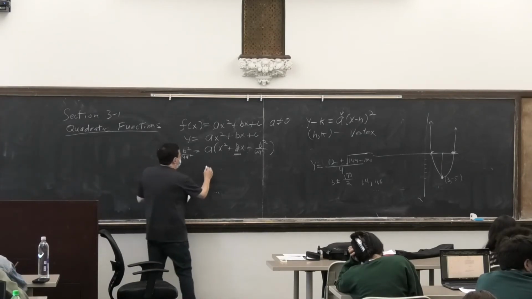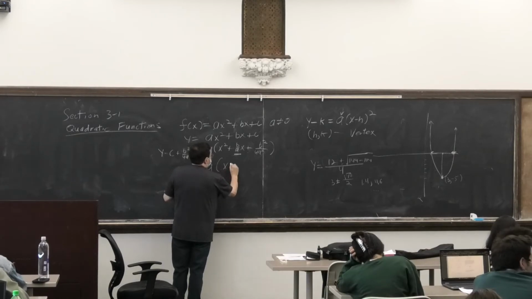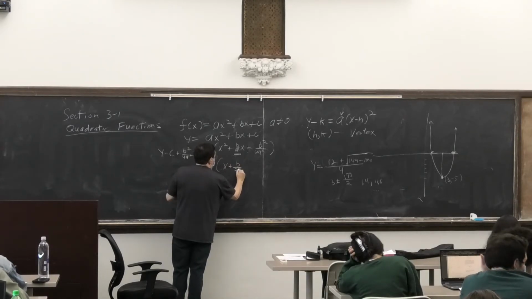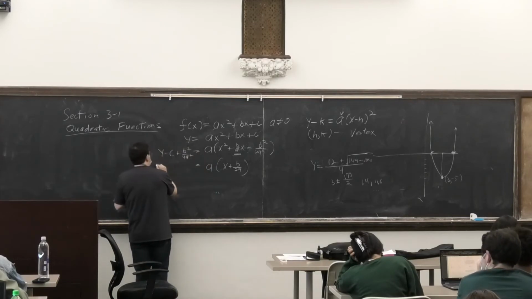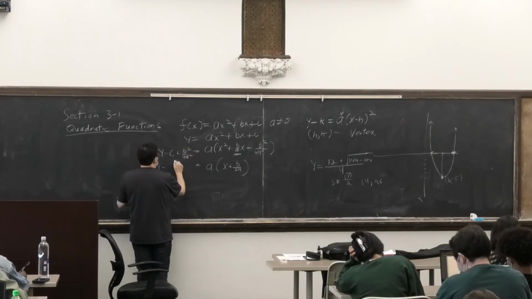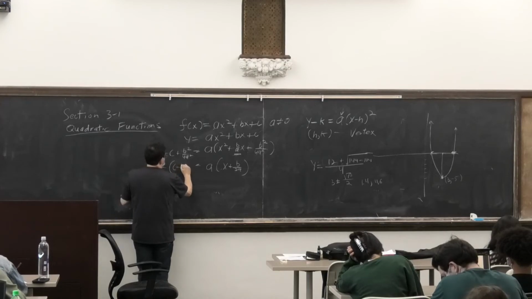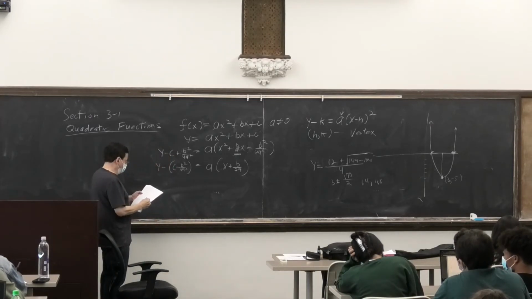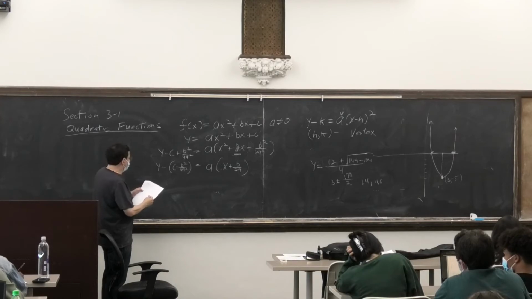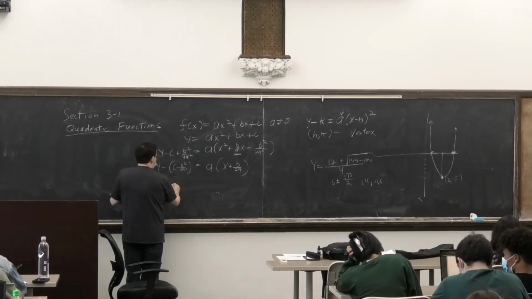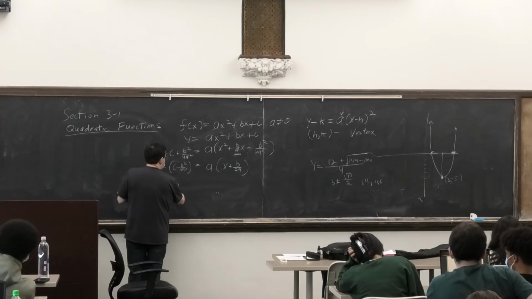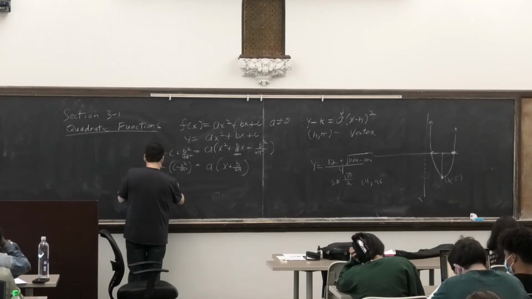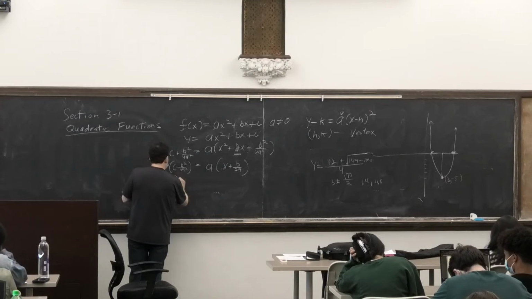All right, this becomes a times (x plus b over 2a) squared. This becomes y minus c minus b squared over 4a squared. This might look more familiar if I write it this way.